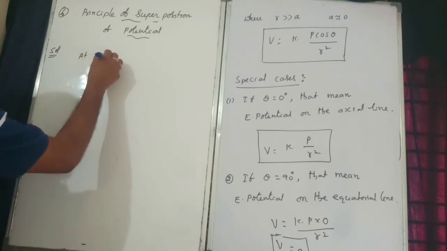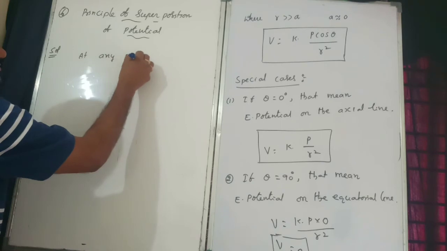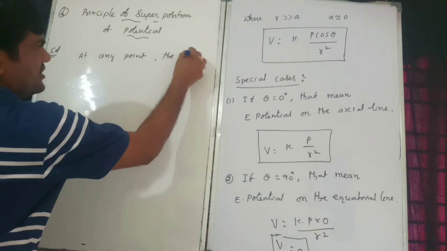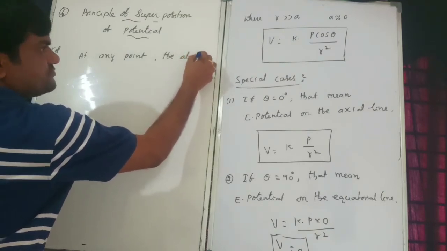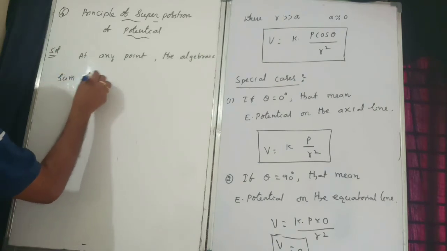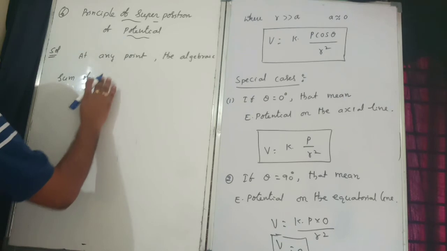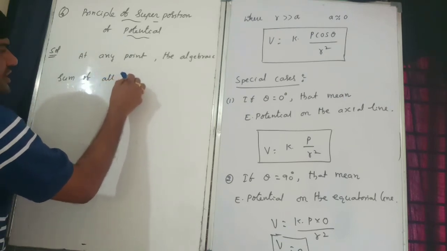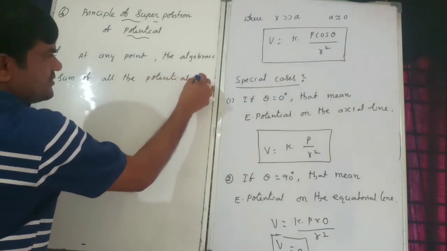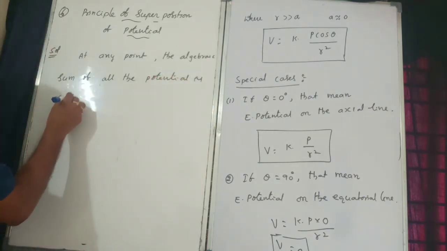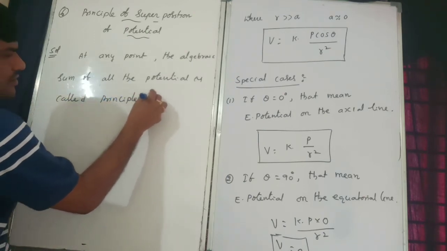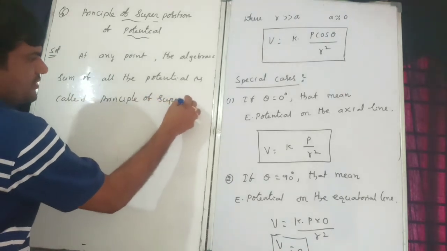At any point, the algebraic sum of all the potentials is called the principle of superposition.